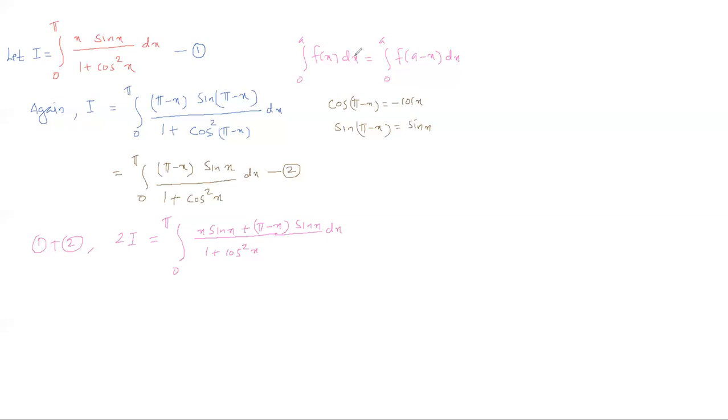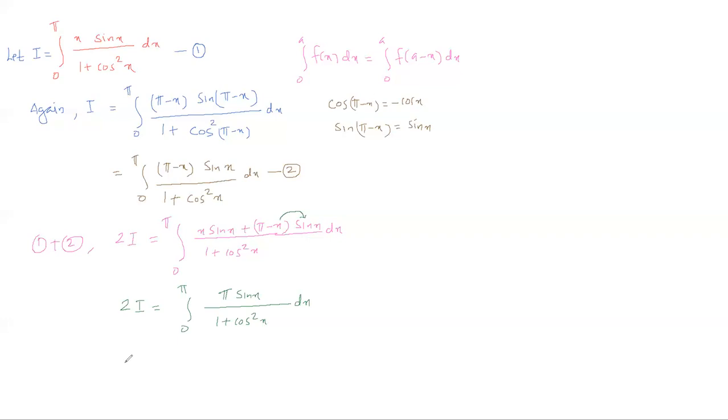Here minus x into sin x and plus x sin x cancel, and the rest you get is pi into sin x by 1 plus cos square x dx.